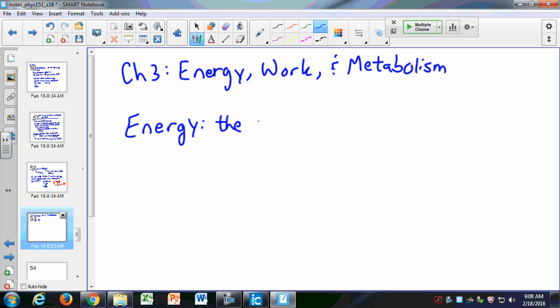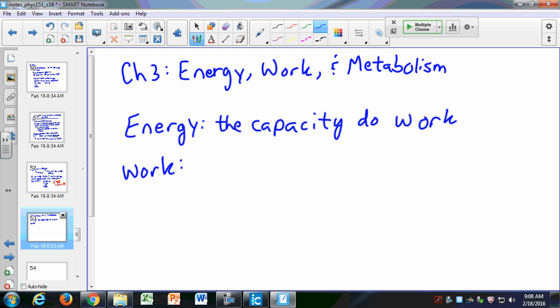I'm going to say the capacity to do work. And so we need to define also what work is. Work is a very specific thing in physics. It means that a force causes a displacement.